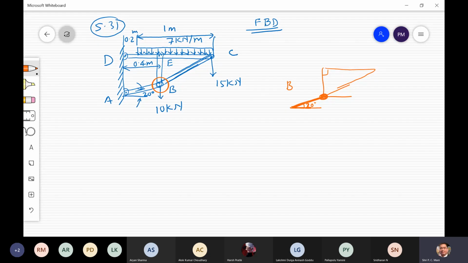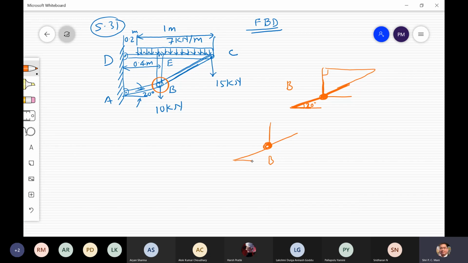So basically this is the joint where three members are passing. Okay, so if you are going to use this joint, this is B joint, and here one is vertical, one is inclined, two members are inclined. This is not at the same angle, at a different angle.